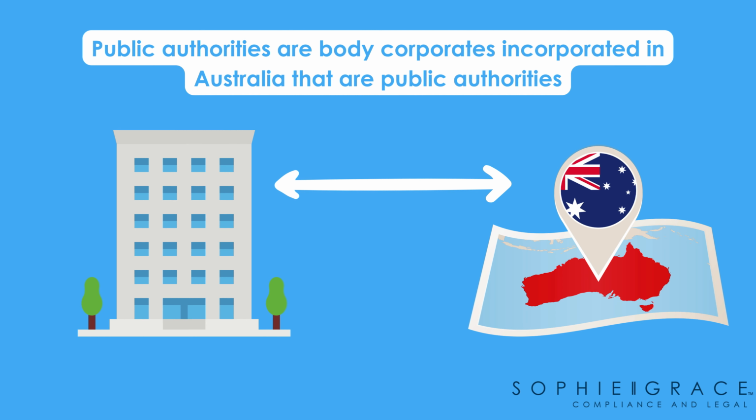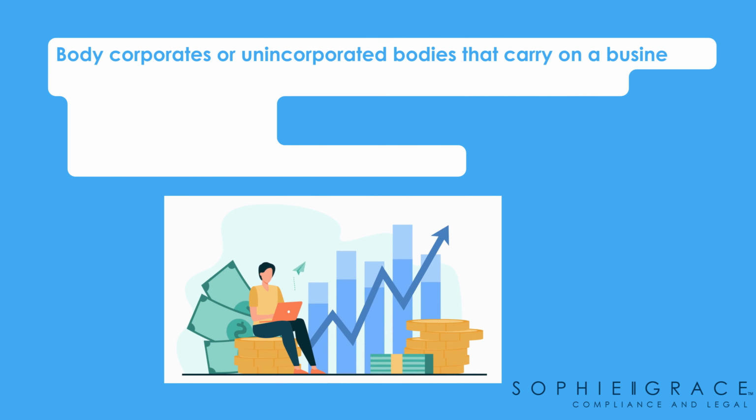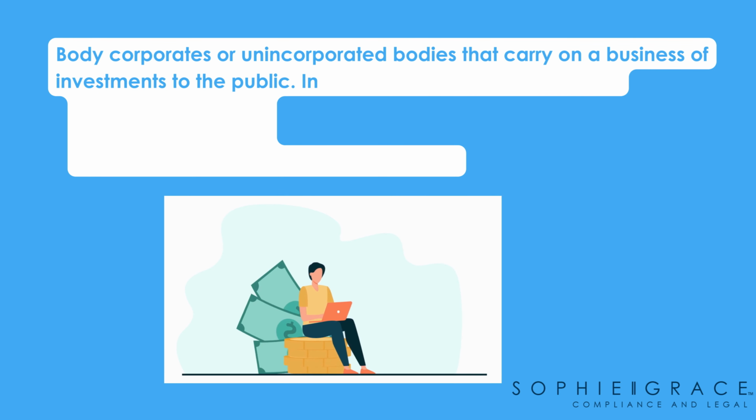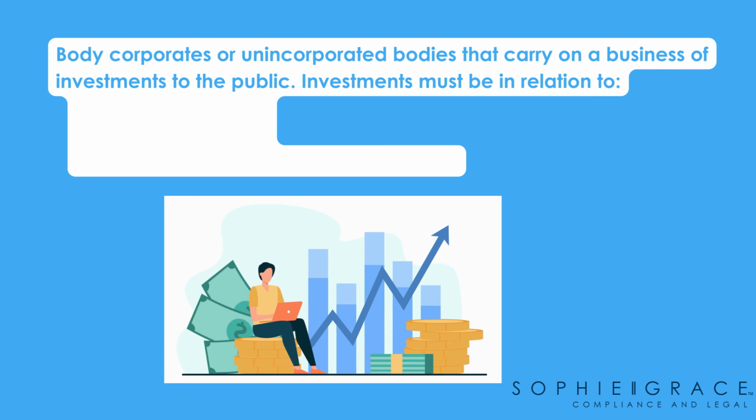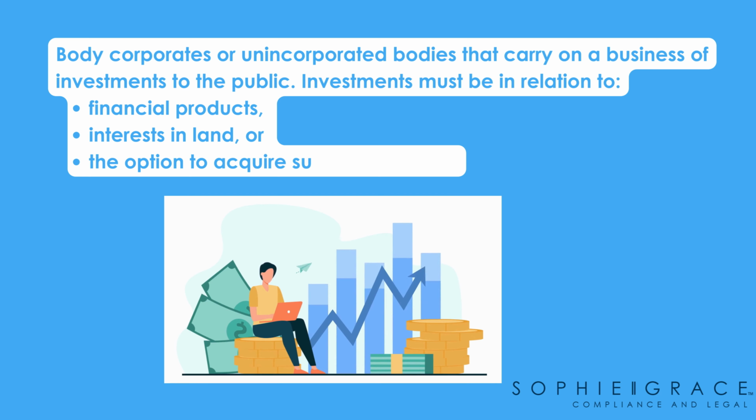Thirdly, exempt public authorities. Public authorities are body corporates incorporated in Australia that are public authorities. The fourth example are body corporates or unincorporated bodies that carry on a business of investments to the public. Investments must be in relation to financial products, interests in land, or the option to acquire such investments.